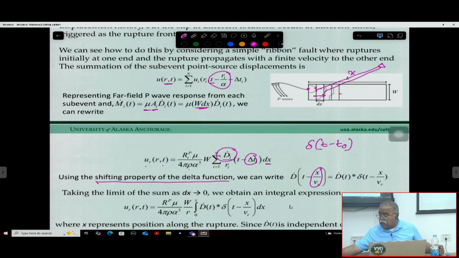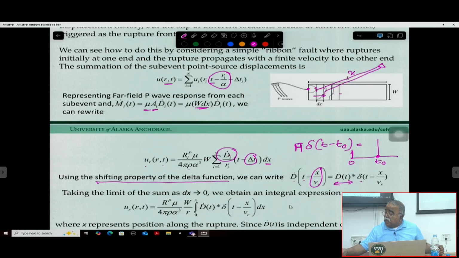You can calculate it is basically equal to, if you multiply any amplitude with a delta into t minus t0, that means you are basically shifting it from 0 to t0, right? So that's basically you are doing the shift. So this equals, therefore, whatever it is at a time t, multiplied with t into x by v0 with the delta values. So then that will be equal to D into x by v0, right?